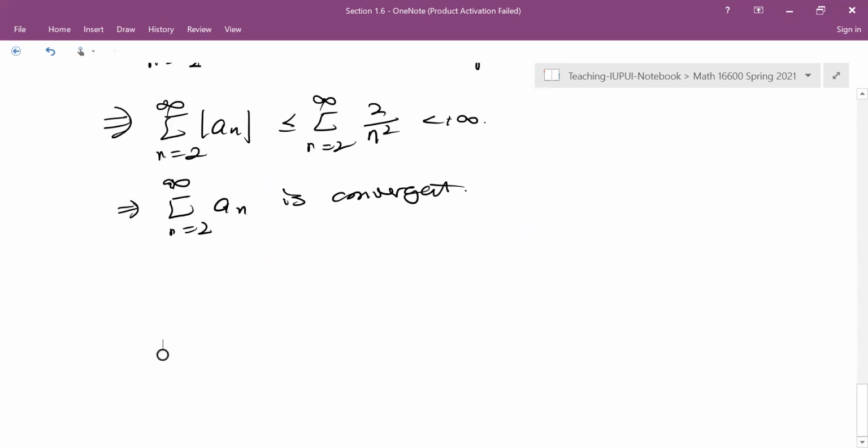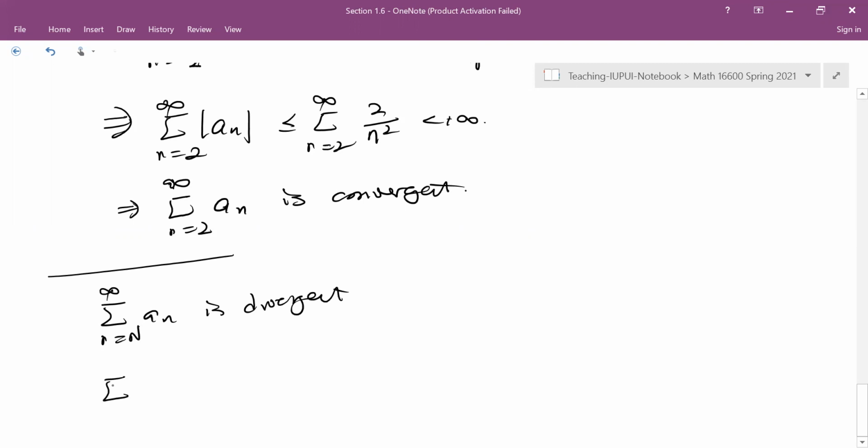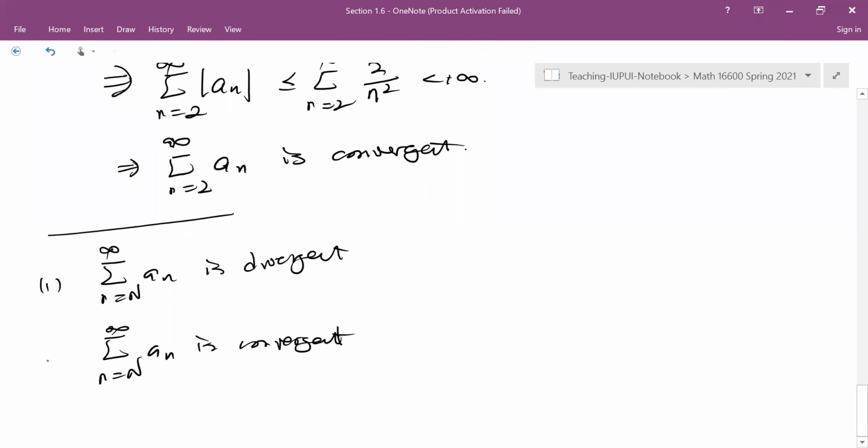There are only two cases. First of all, case 1: if the series is convergent and the absolute series is also convergent, then we say it's absolutely convergent.